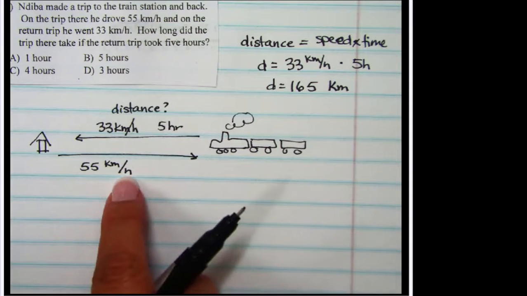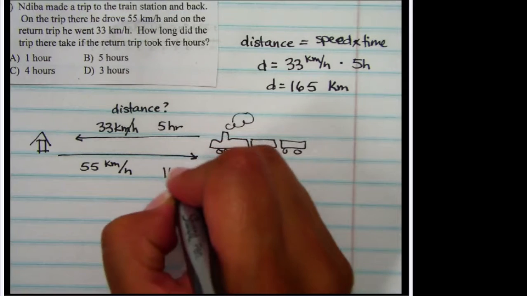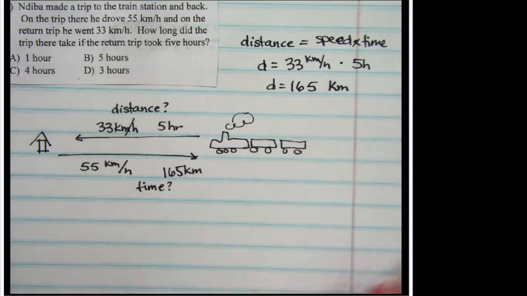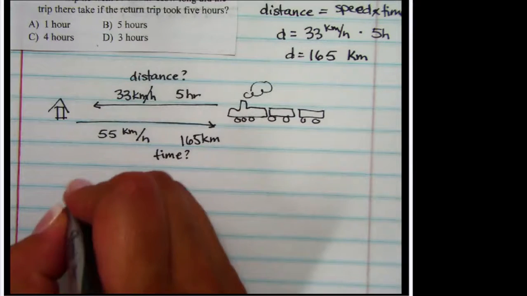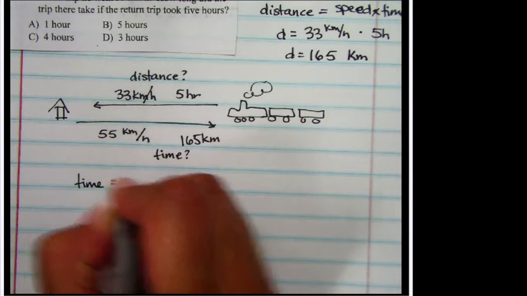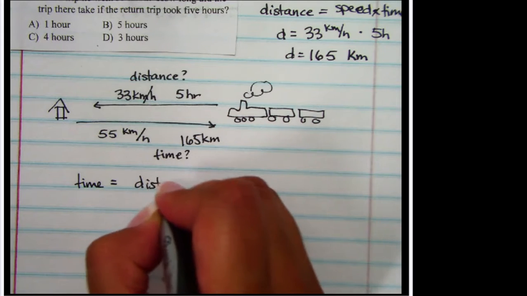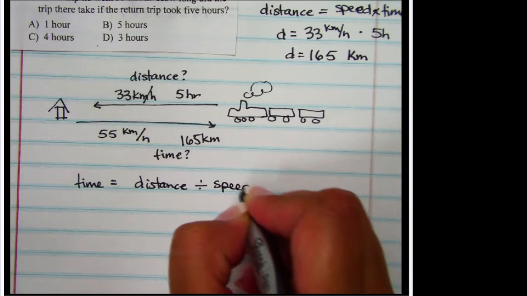Now the question is, how long did it take him to drive this distance? Well, we have a speed, we have now a distance, and we want to know the time. In order to calculate the time it takes to cover a certain distance, we need to take the distance that we traveled and divide it by the speed at which we are moving.